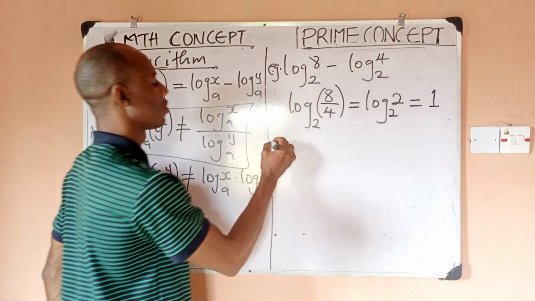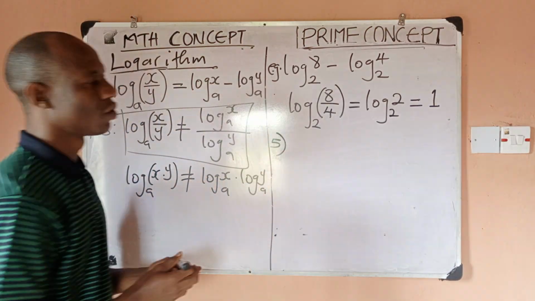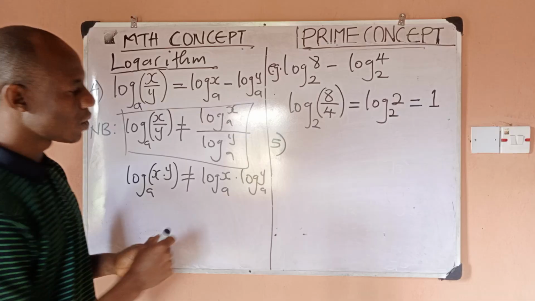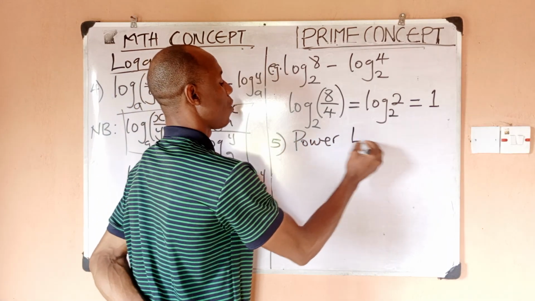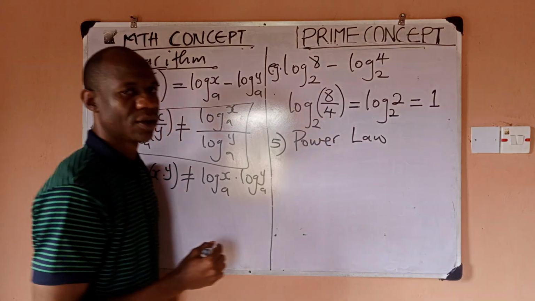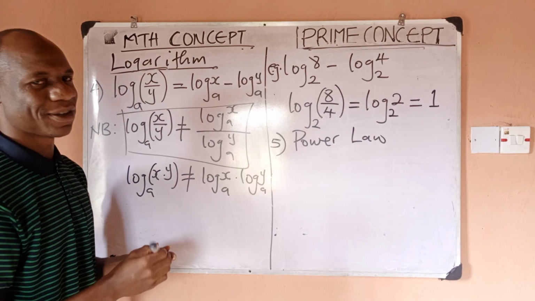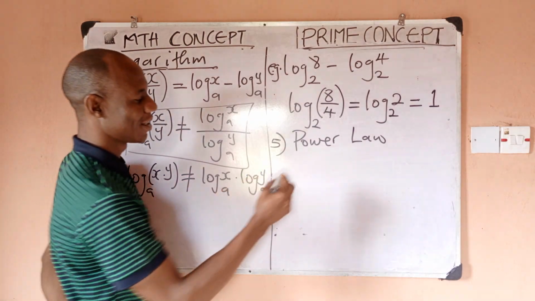So let's quickly go to law or rule number 5. This one is what we know as power law. The power law is very important, too important. Now, what does it say?